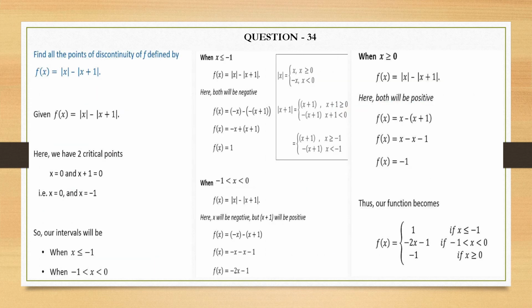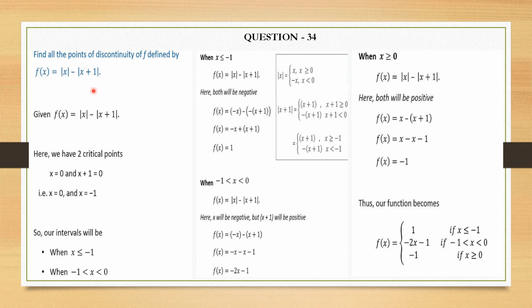Now question number 34, it is a very important question. See, this question can be done in simple ways also, but this question is done elaborately. There are 2-3 factors that you should know: how to define the modulus functions, how to define the function when the conditions of mods are there, for various conditions.